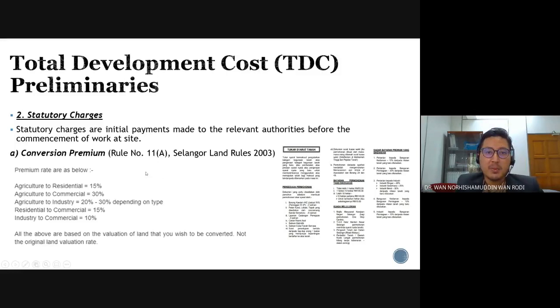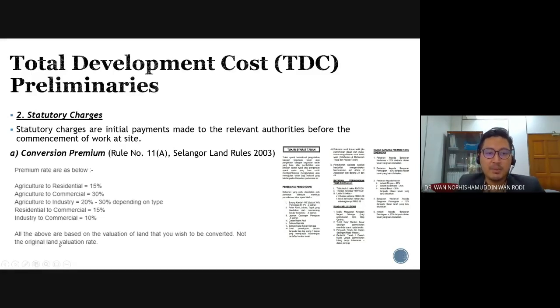Under Rule 11A of the Selangor Land Rules 2003, you have to pay the premium rate. Let's say you want to convert your site from agriculture to residential, for example. You have to pay 15% of the converted market value, not the agriculture land value, but the converted market value of the land.